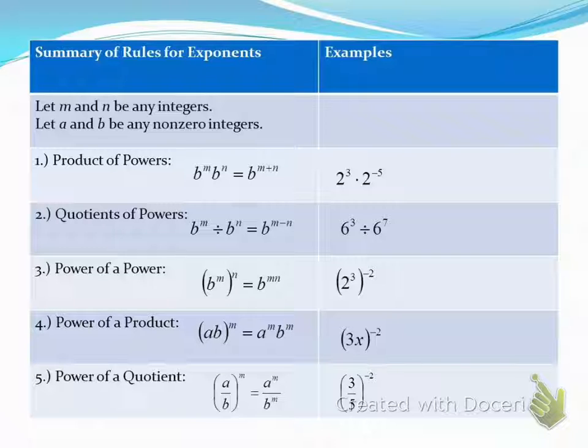So we had the product of powers, meaning we're multiplying the same base. So what do we do with the exponents? Add them. So if you want, you could make yourself a little note down here. This is when we would add exponents. So if we apply that rule to the example they gave us, we would have 2 to what power?